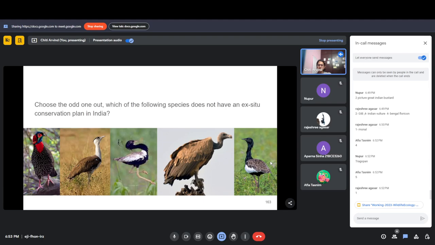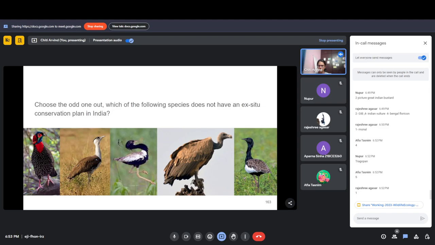Gyps vulture, there is a famous one, which is, I'm blanking out on the name. There is some in the north, some in AP also. There is this vulture breeding center. There is one in UP.